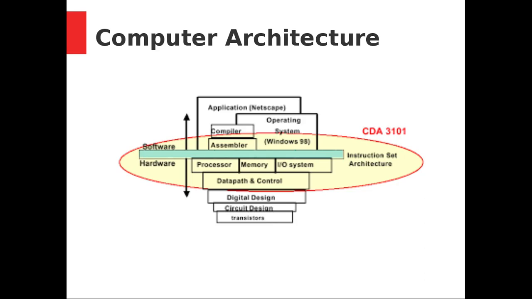Then software: applications, OS, then compiler, assemblers, and stuff like that. And this blue line is the instruction set architecture that I was talking about.